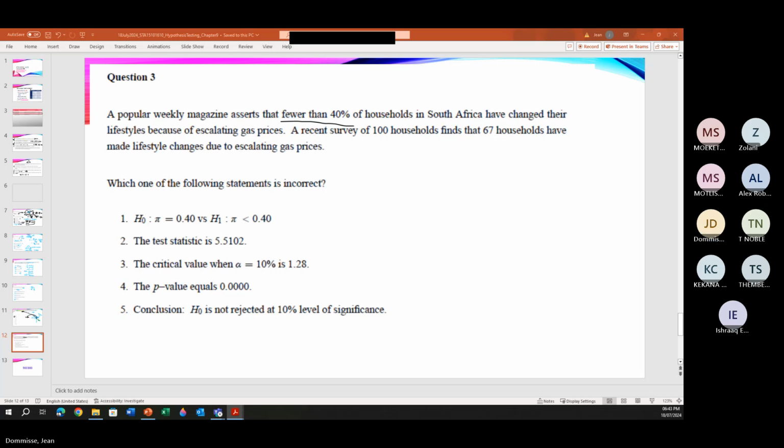Okay, so they actually tell us in that first one, fewer than. So the null hypothesis is alpha is equal to 40%, so 0.4. The null hypothesis was that. The alternative hypothesis is fewer than.